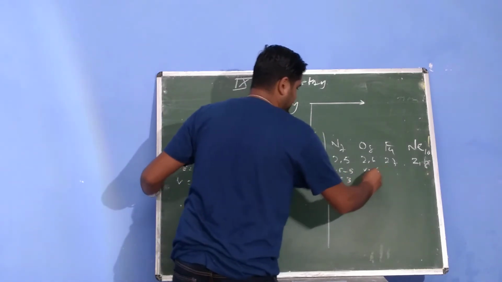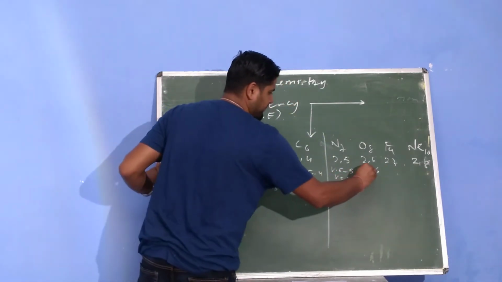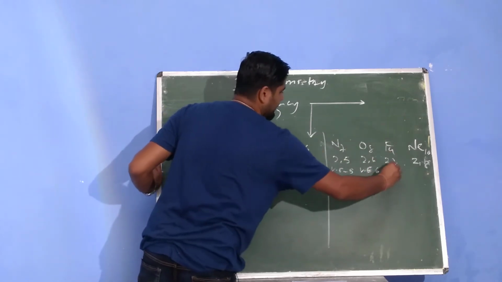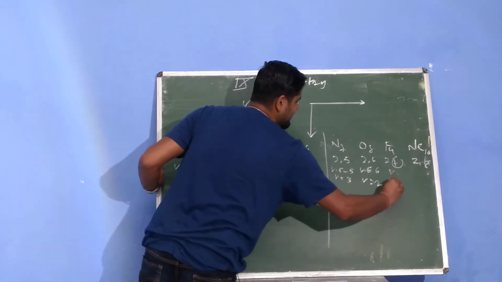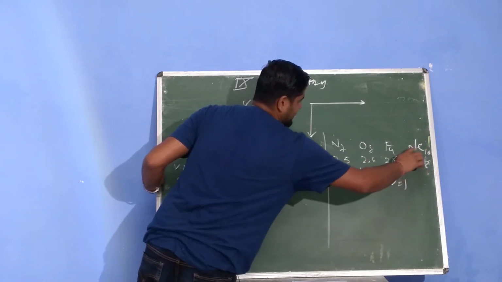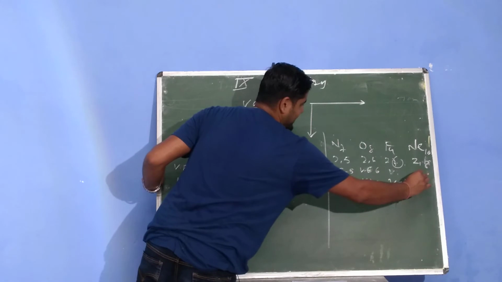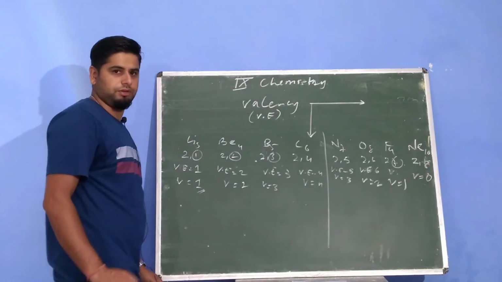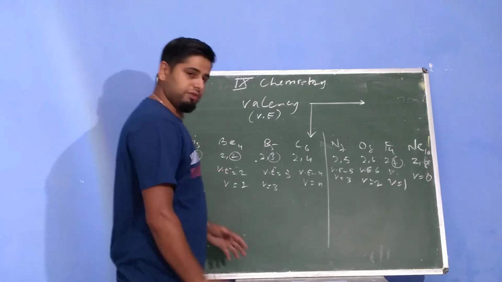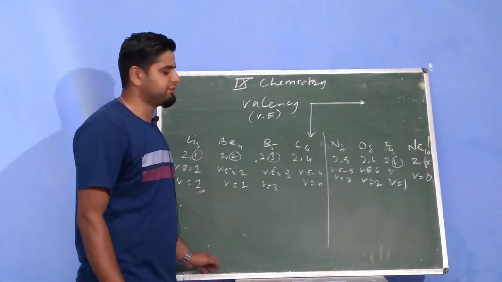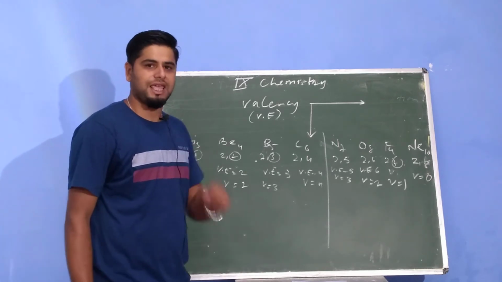Valence electrons 6, so valency will be 8 minus 6, 2. Valence electrons 7, so valency will be 8 minus 7, 1. Valency for this noble gas is 0: 8 minus 8, 0. The thing you have to remember is that above 4 you have to subtract that number from 8.